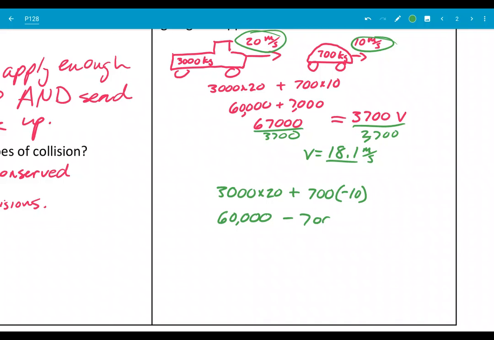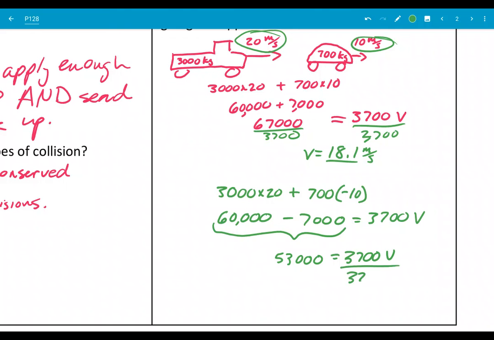So it's minus 7,000 equals 3,700 v. We'll combine these two terms together. We get 53,000 equals 3,700 v. Divide both sides by 3,700, which is like 14 point something.